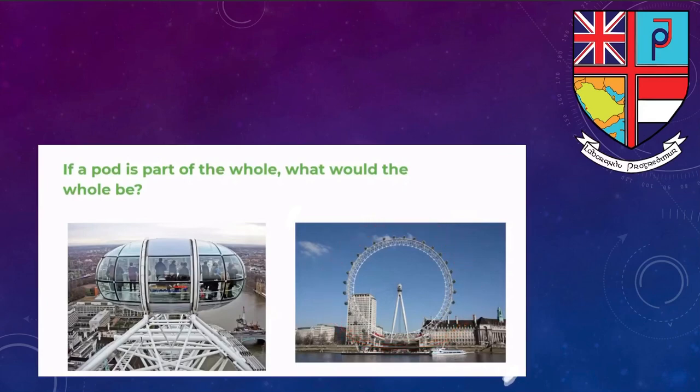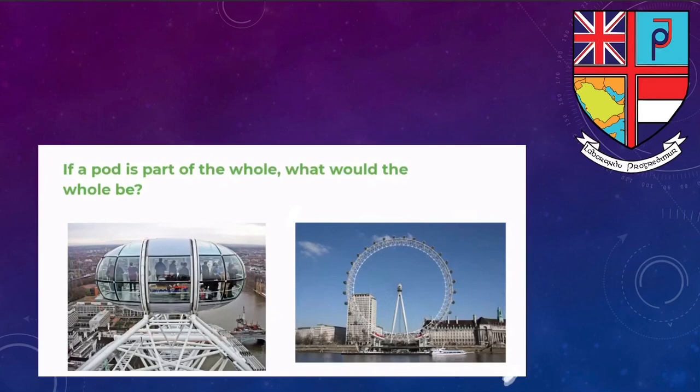So the question is, if this pod here is just a part of the whole, remember whole means all of something, what would the whole be? So if this was just a part of something bigger, what would that be? Okay, so pause it, have a think, jot down some notes, and we'll get back to you.